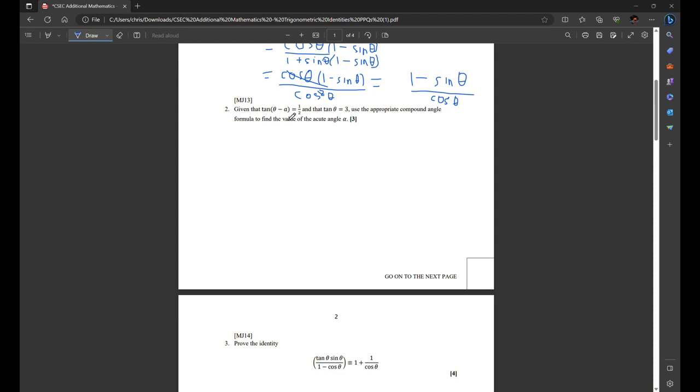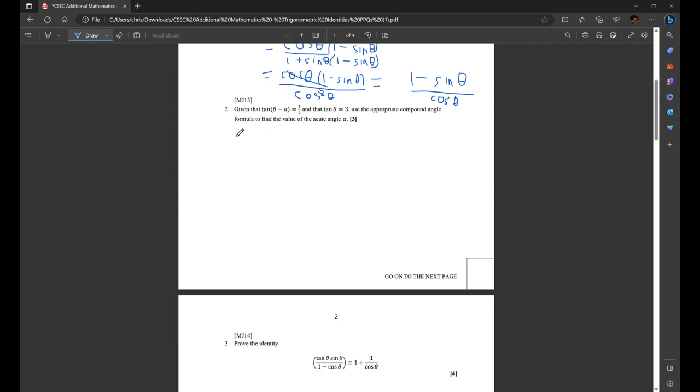So this is making use of the tan compound angle formula, which is for a minus sign in the middle. That's going to be tan A minus tan B all over 1 plus tan A tan B. So we're going to write that out using these values that they have.